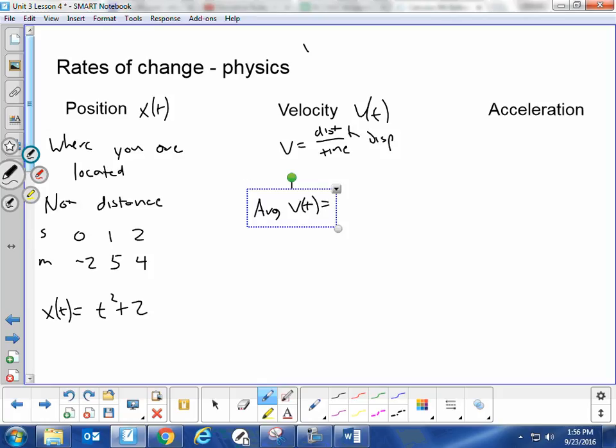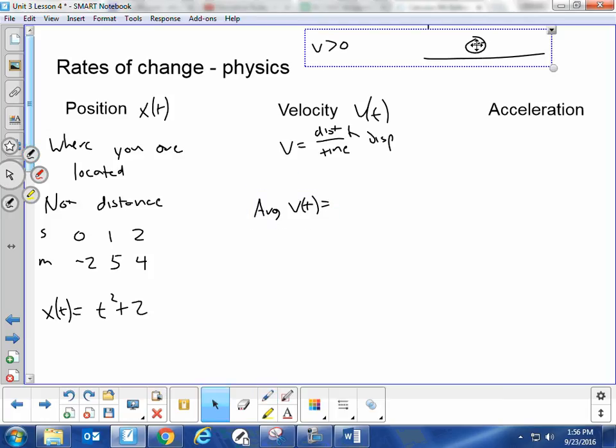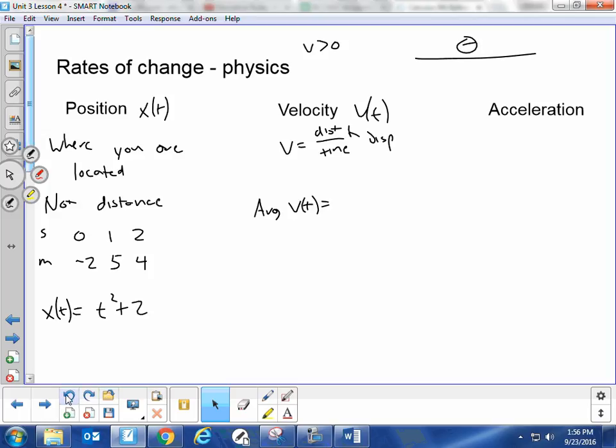We should know that when velocity is positive, if you're thinking about having an object on a number line, your object is moving to the right.